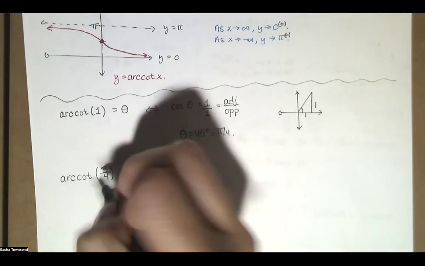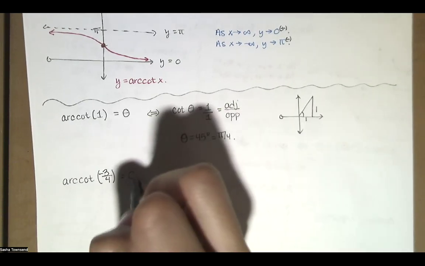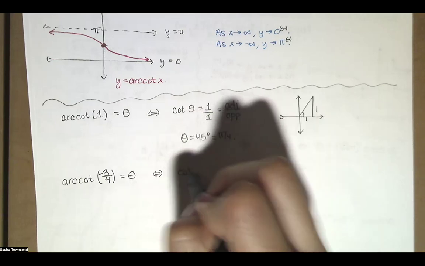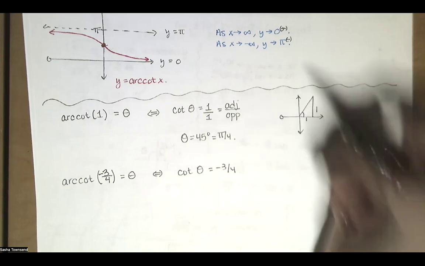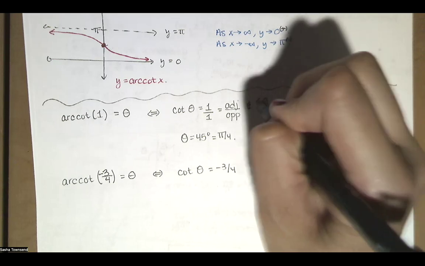Actually, let's use a negative value. Let's say negative 3/4. Well, that is an angle. We'll say that's the angle whose cotangent is negative 3/4. Okay, and we do need to add that restriction. And that angle is between 0 and pi.